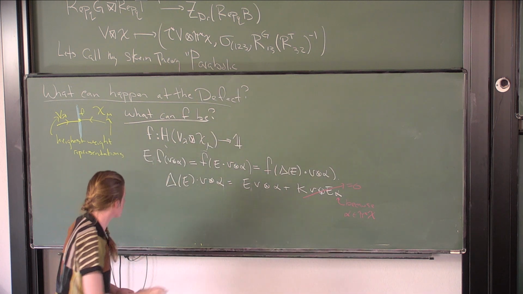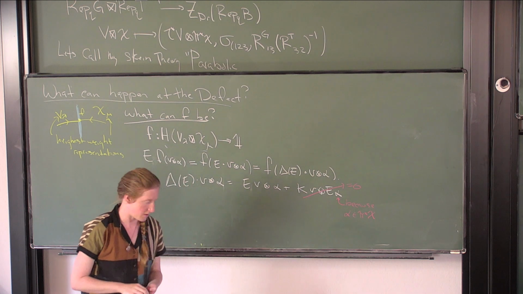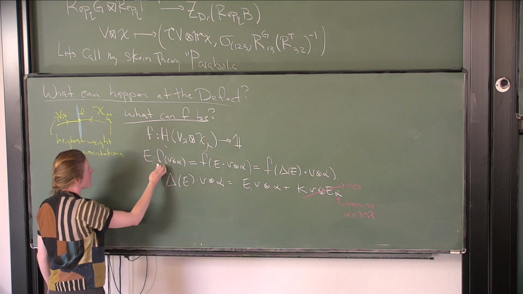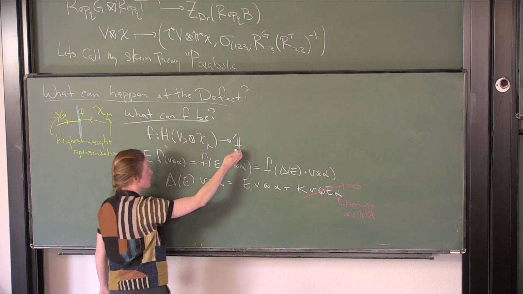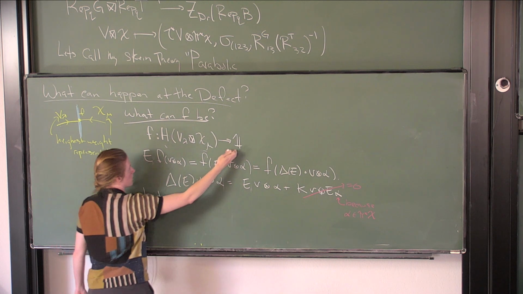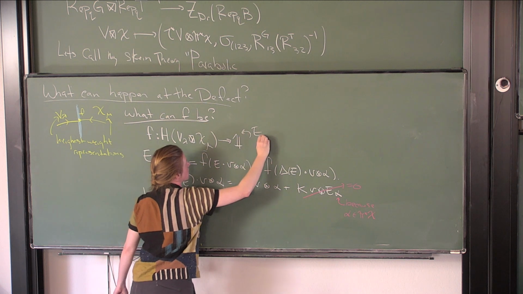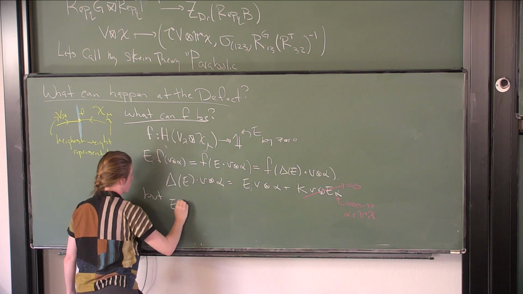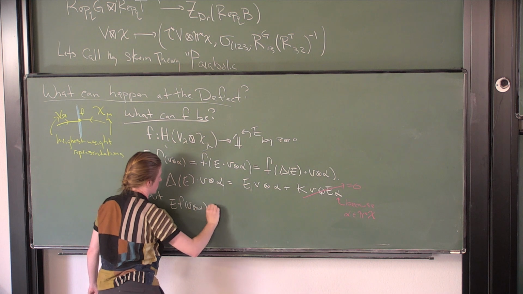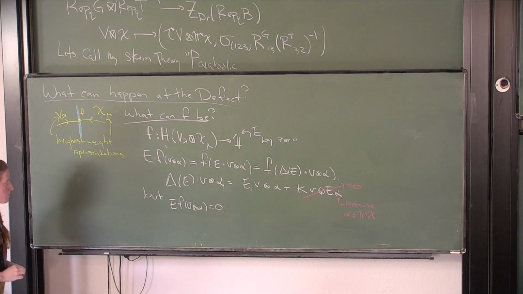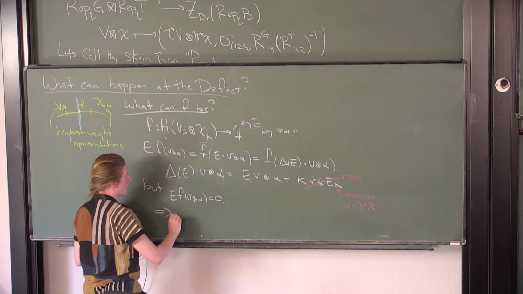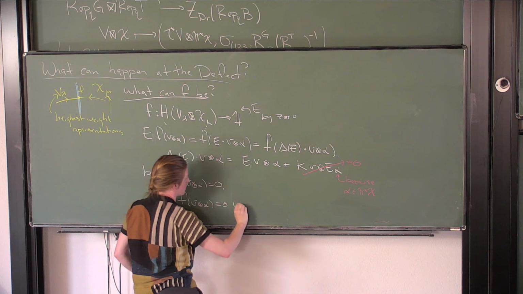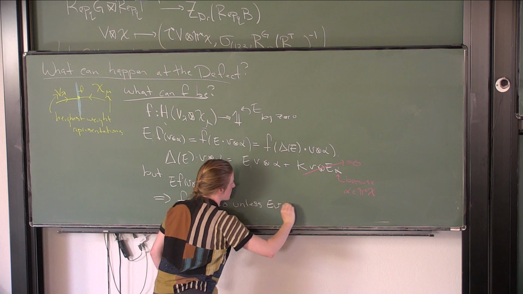So that has to be 0. So on the inside, I'm going to get this, whatever this is. What has to happen on the outside? Well, f lands in the trivial representation, so E acts here by 0 anyway. So I also have f of v tensor alpha equals 0. So together what this implies is that f of v alpha equals 0 unless EV equals 0.